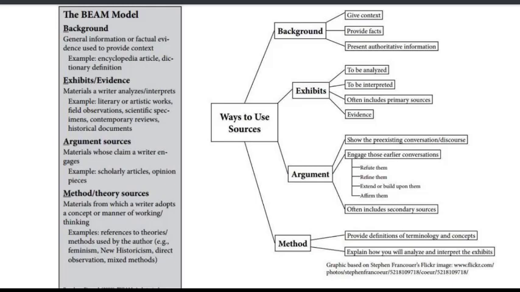So it really depends on how you're using it, of course. Argumentative sources would be things like scholarly work, opinion pieces, things that people are arguing. So it could be a debate online, a podcast, things like that. And then finally, method or theories, it would be things like feminism, as I talked about, different definitions of these things, or processes, if you will.